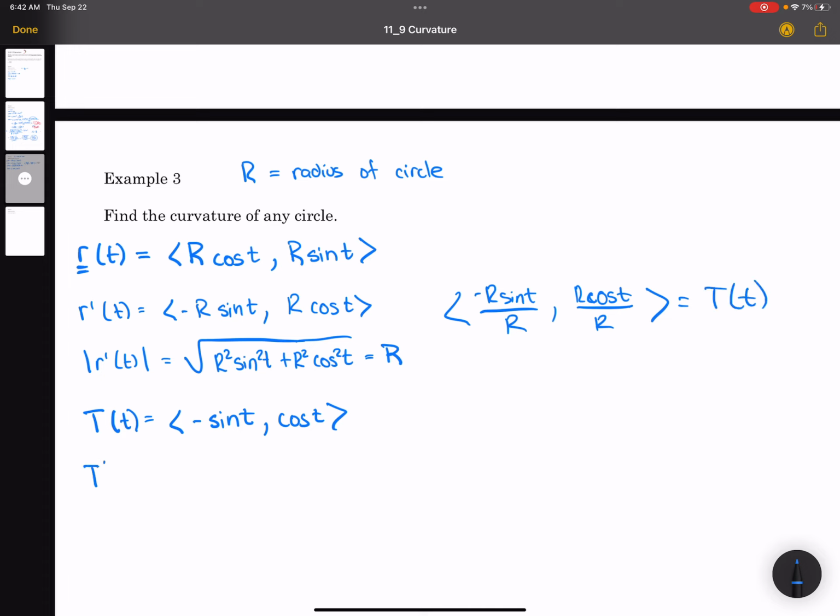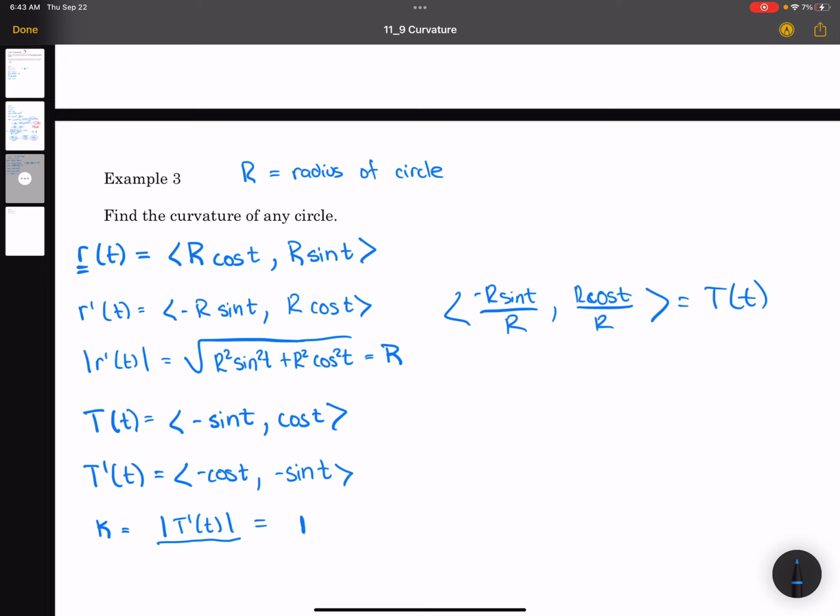So then the derivative of the unit tangent vector is negative cosine t and negative sine t. And so then the curvature at any point is going to be the magnitude of the unit tangent vector's derivative. So the magnitude of T prime of t, which we can clearly see is going to be cosine squared plus sine squared, which is going to equal 1.